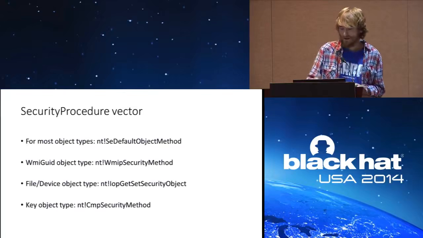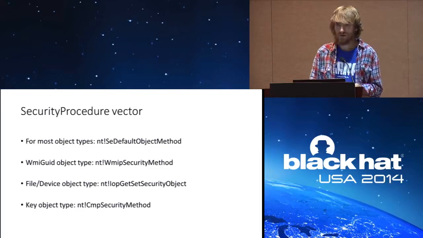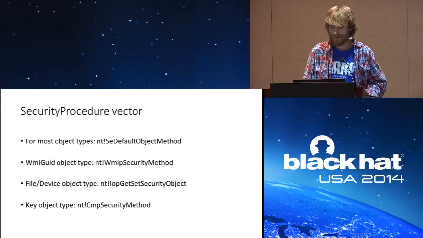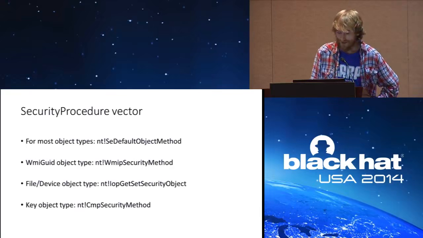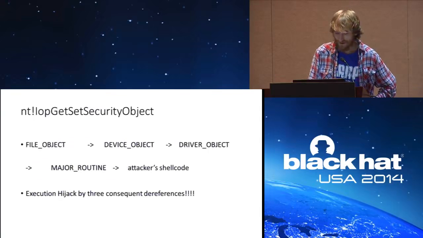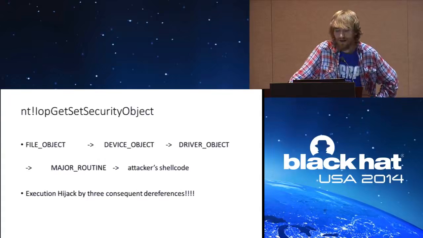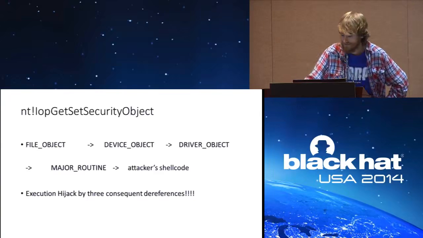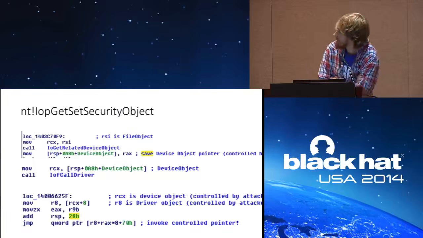But in fact, there are different ones. Unfortunately, for security procedure, almost every object type contains just the default object method function, and it's not very useful in exploitation terms. But IOP get set security object is very nice because there is a triple dereference of the file object, and basically that means you control EIP or RIP. So there are 3 dereferences.